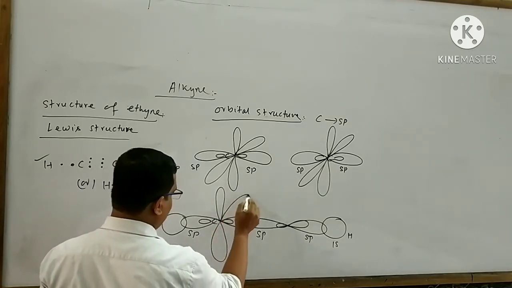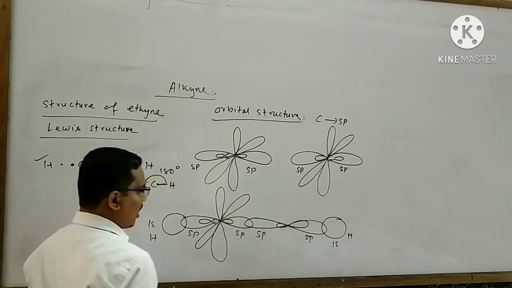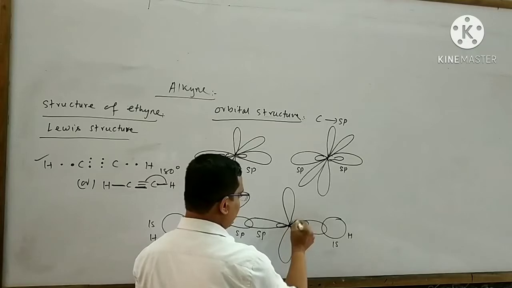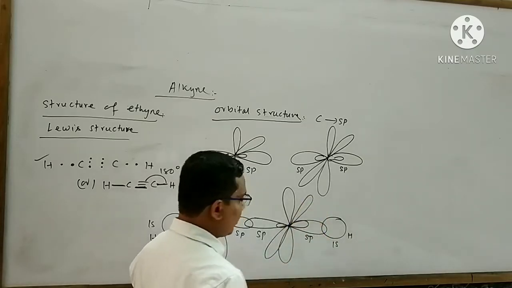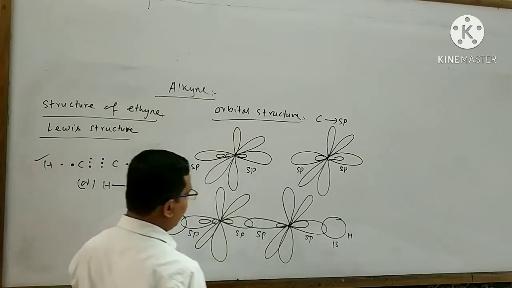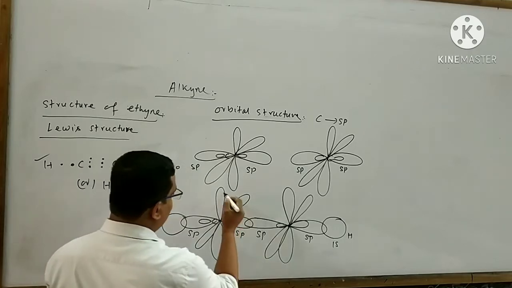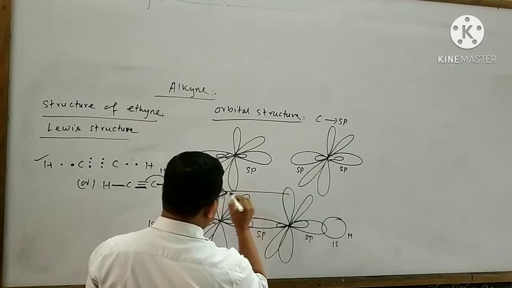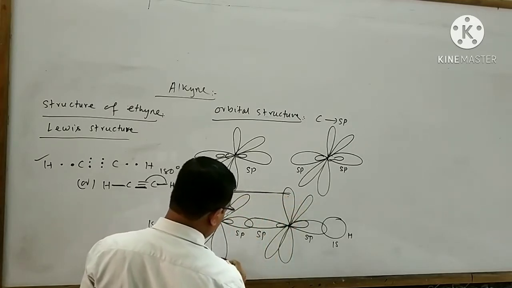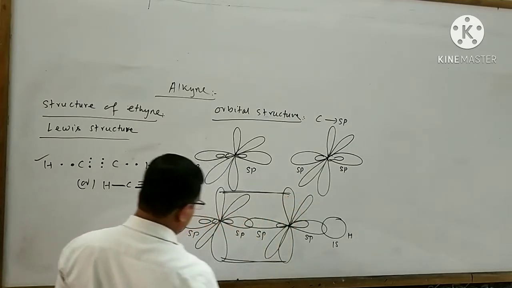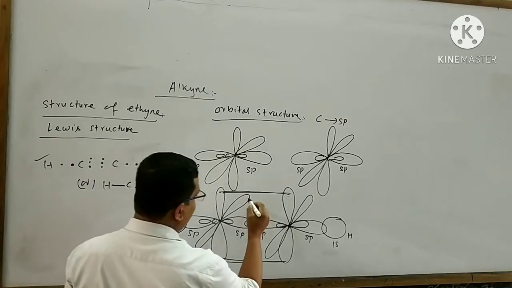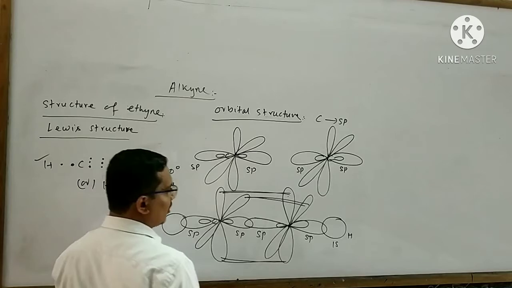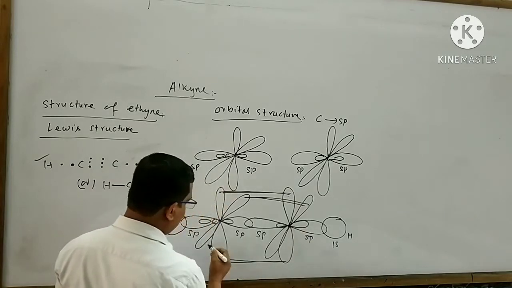Two p orbitals remain as unhybridized orbitals. Look at that. Here also two p orbitals remain as unhybridized orbitals. Now this p orbital and this p orbital undergo sidewise overlapping like this. The other p orbital also undergoes sidewise overlapping with the other p orbital of this carbon atom like this.